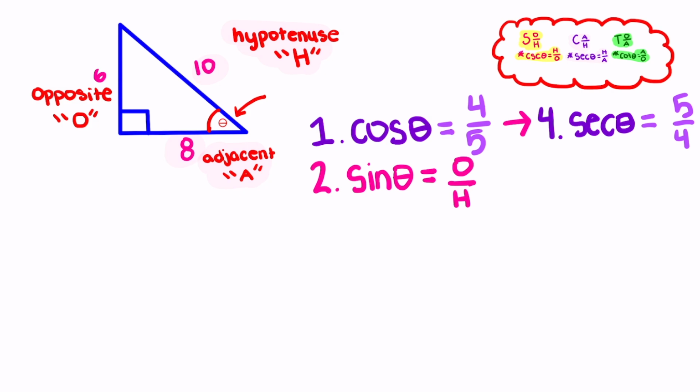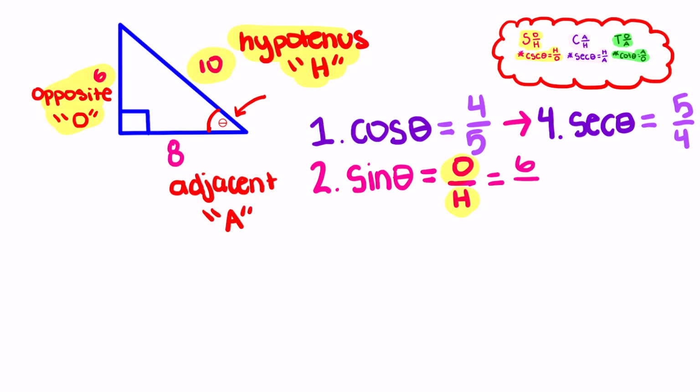So looking back at the triangle, our O is our opposite side length, and its value is 6, and our hypotenuse is 10. We have 6 over 10, so yeah, again, we can simplify this fraction.